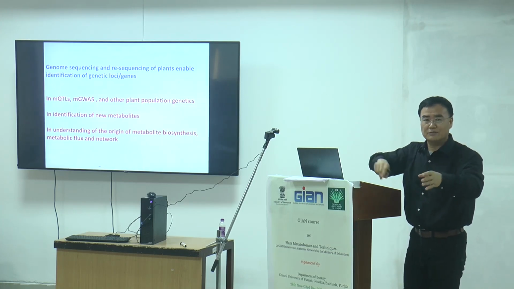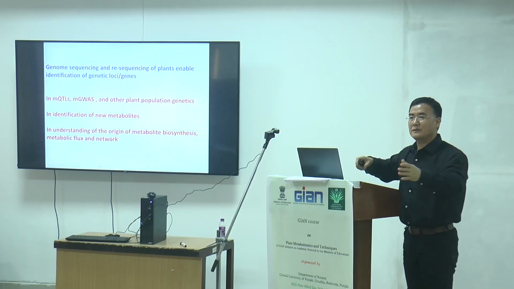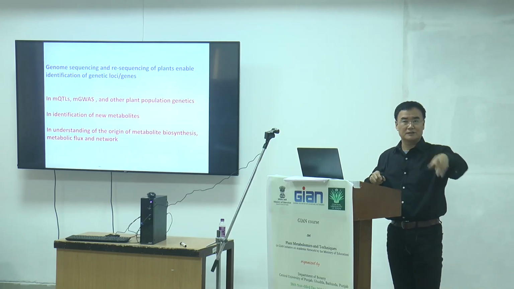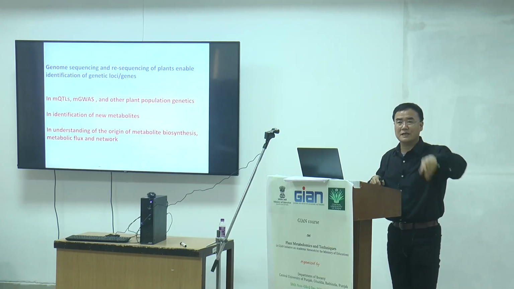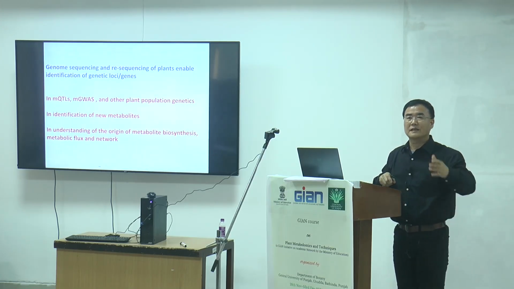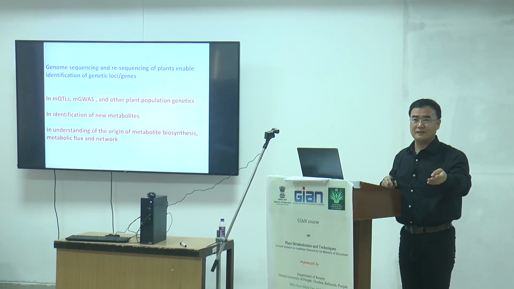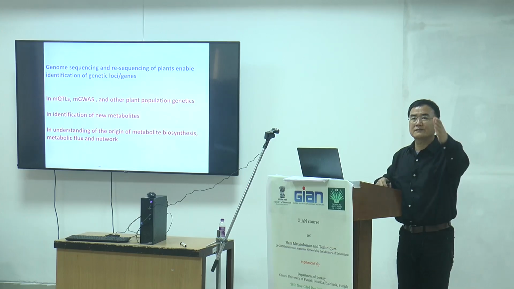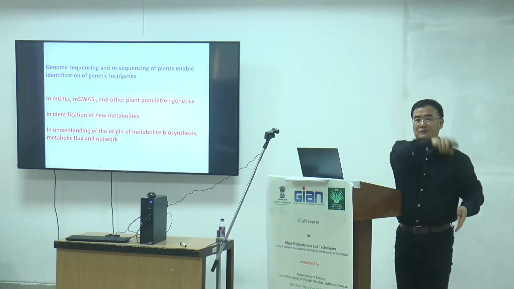Then you correspond that to molecular marker profiling, say SSR or others, matching those metabolites and finding markers. The high density marker is definitely the best, like SNP. Those need resequencing or partial sequencing, so that you can find as many SNPs as possible.